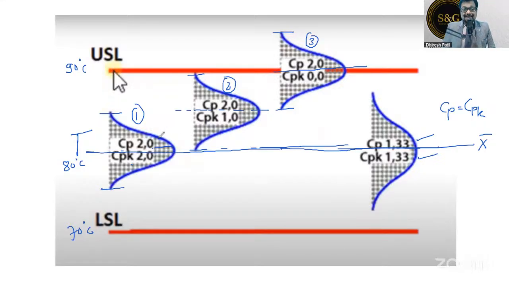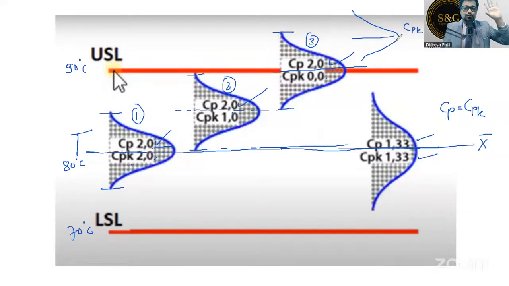Cp remains the same. Cp does not change. Only as the drift has increased, Cpk was 2, has moved to 1, and now it has become 0. If it goes even further, like this, Cpk will become negative. Like we have seen, negative 0.33.